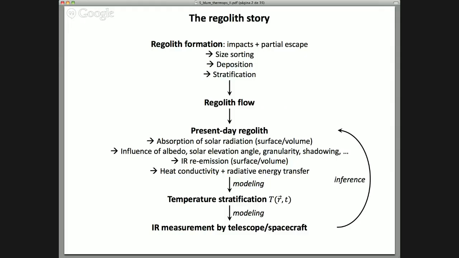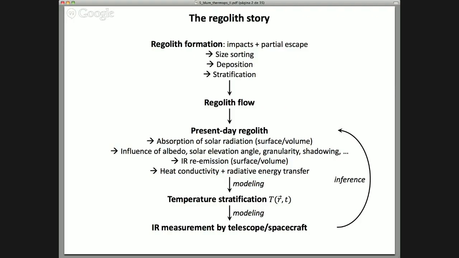And we've heard in the last couple of days a lot of information about that: how to absorb solar radiation. Is it by the surface or in a subsurface volume? Which wavelengths penetrate? How deep? What is the influence of the physical parameters like albedo, solar elevation angle, granularity, shadowing, beaming parameter, whatever, you name them.